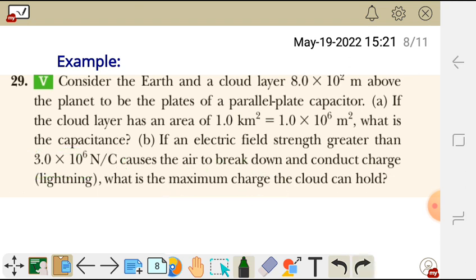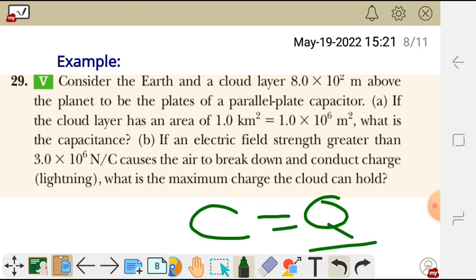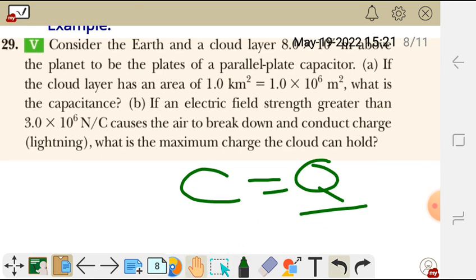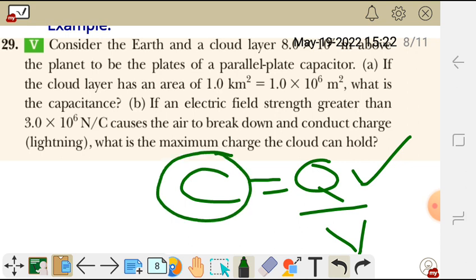So to find the charge, we are going to use that other formula, which is capacitance is equal to charge over voltage. Here we are finding the charge, and the capacitance we know, we have already calculated it. But now what is this voltage?